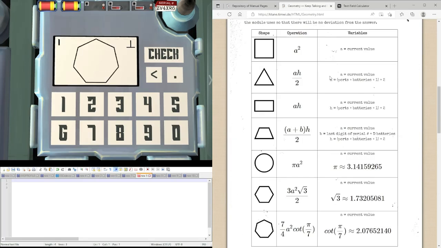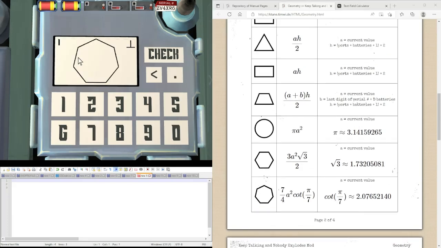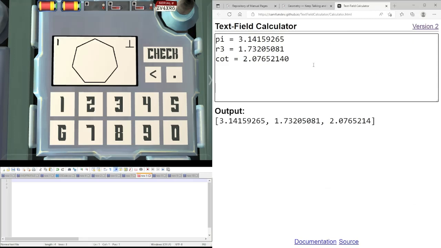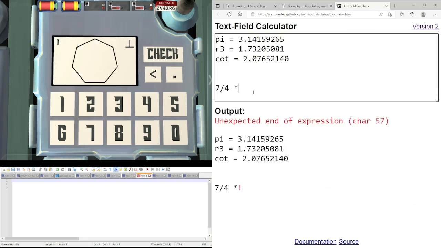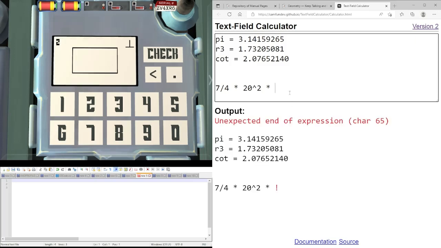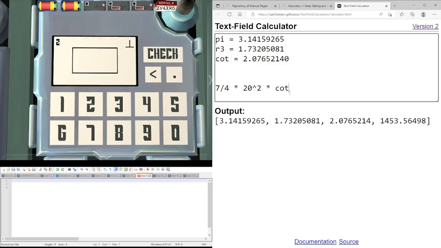So now we're going to look at the shapes. First we have the heptagon, which has this monster. So we're going to do 7/4 times 20 squared, since it's a squared, and then the cot value, which is 2.07652140.